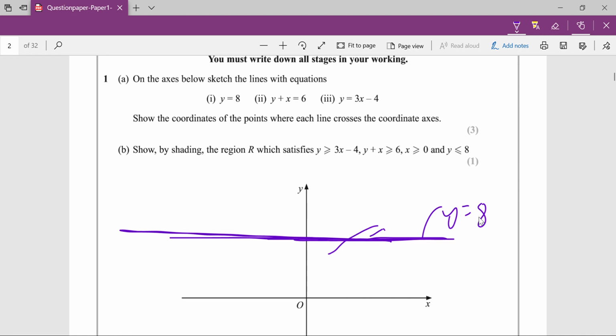And secondly, y plus x equals 6. Okay, so when you have y plus x is equal to a constant, you're going to get an intersection on one axis at that constant, and an intersection on another axis at this constant, because no matter what, they always have to add up to this constant, so you will get a smooth sloping line down like this.